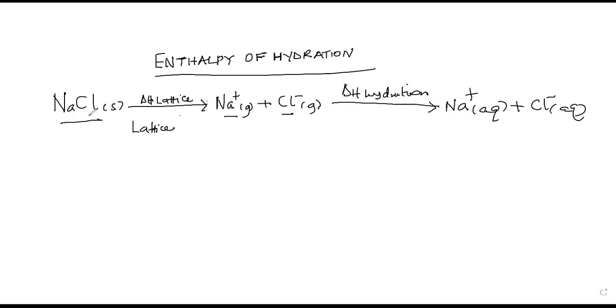But since this is dissociating, we shall have lattice dissociation enthalpy. And when these ions interact with the water molecules to form a solution, we have enthalpy of hydration or enthalpy of solvation. I'm going to call it solvation.